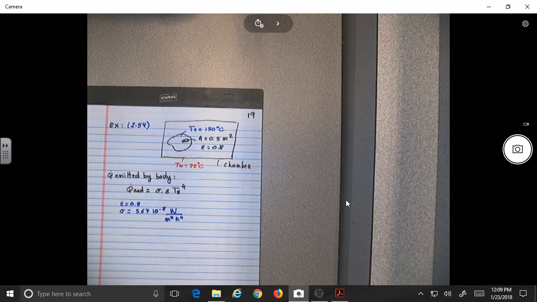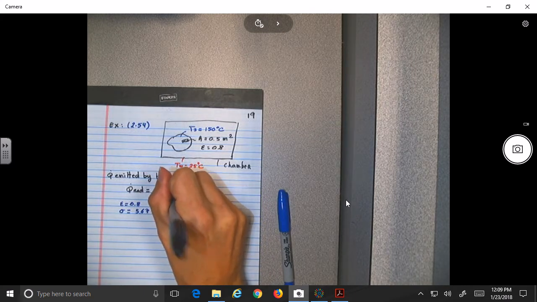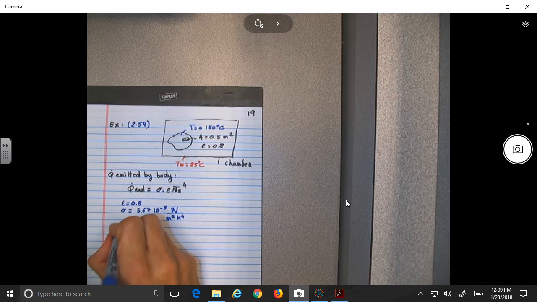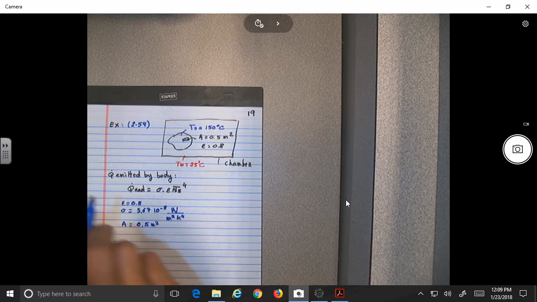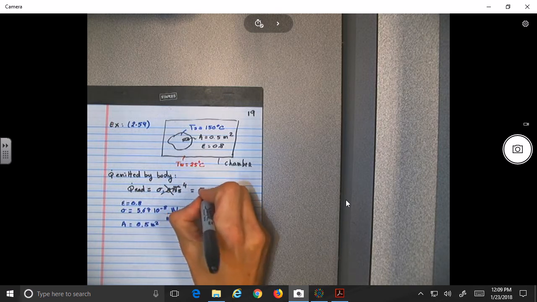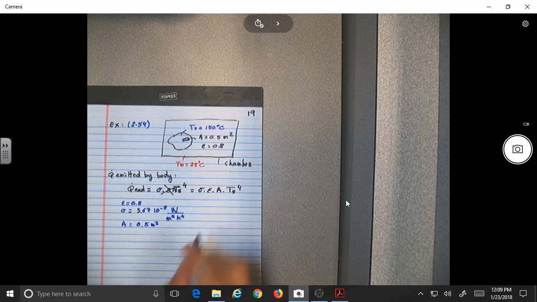Oh, I forgot something here. Did I forget to put this one here? Yeah, I forgot to put the area, but I put it on the other one. So here you have the area, and the area we know will be 0.5 square meters. Okay, that is more clear.